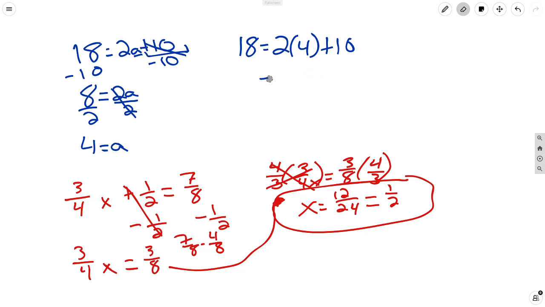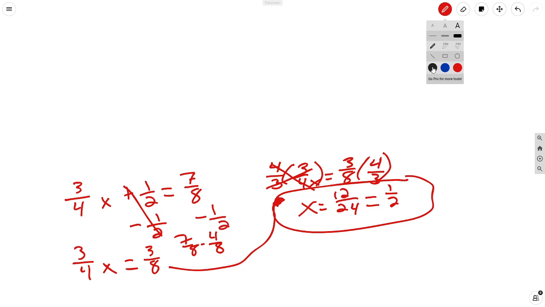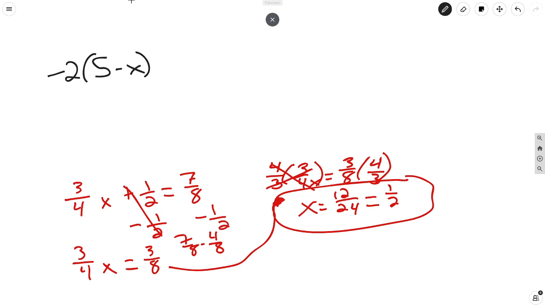Alright. And let's look at one more here. Say we have -2 times 5 minus x equals 4. So remember, I need to get this x by itself.